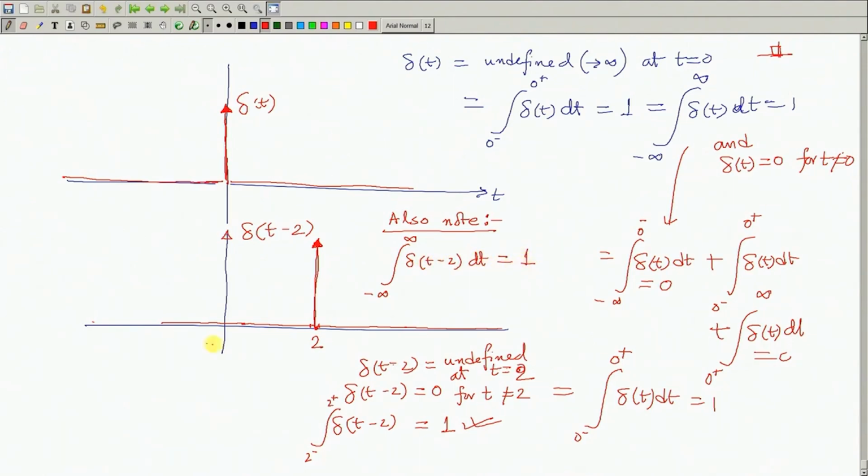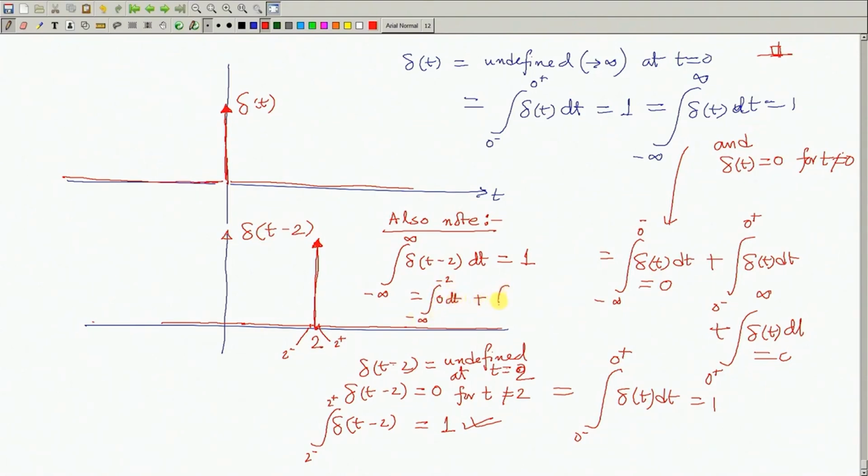Why? Because 2 minus is here, 2 plus is here. So, if you break it up from minus infinity to 2 minus, the value of the function is 0.